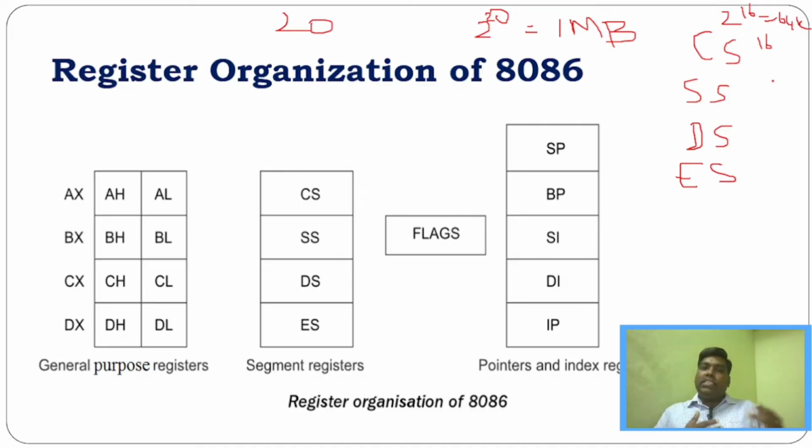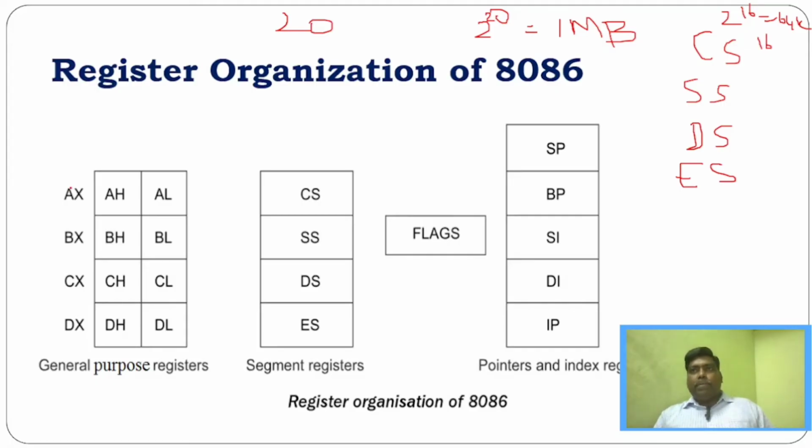And coming to register organization, the register organization of 8086 is split into 4 different categories: general purpose registers, segment registers, the flag register, and pointer and index registers. General purpose registers, even in 8051 we have seen.